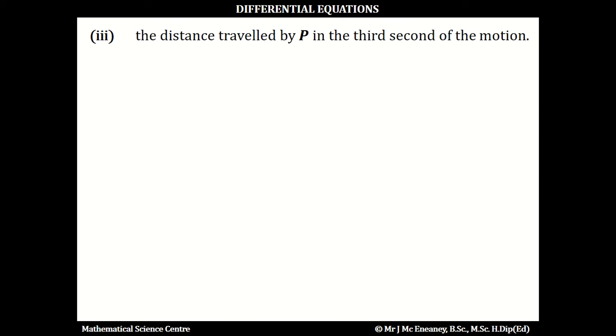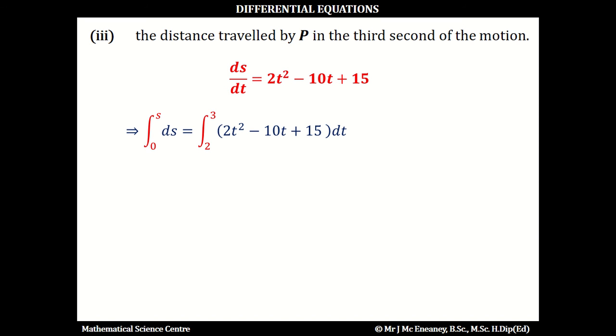Part 3 then, we want to find the distance travelled by P in the third second of the motion. Now we know what velocity is, but velocity by definition is ds/dt. It's the rate of change of displacement with respect to time. So ds/dt is 2t squared minus 10t plus 15. Now if we bring the dt across and multiply, and then if we integrate both sides, we're going to use the following limits.